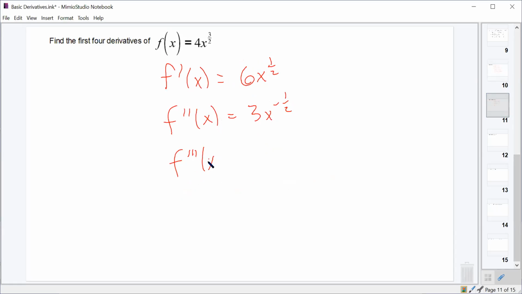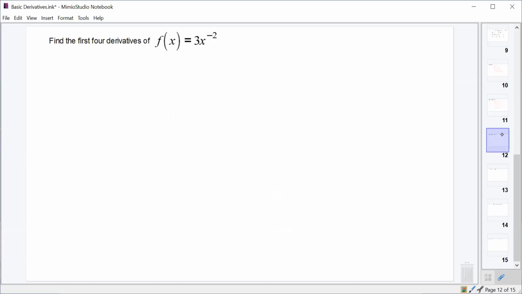Third derivative should be negative 3/2 x to the negative 3/2. And our fourth derivative should be 9/4 x to the negative 5/2. Good or no? Good. All right. Let's find the first four of this.